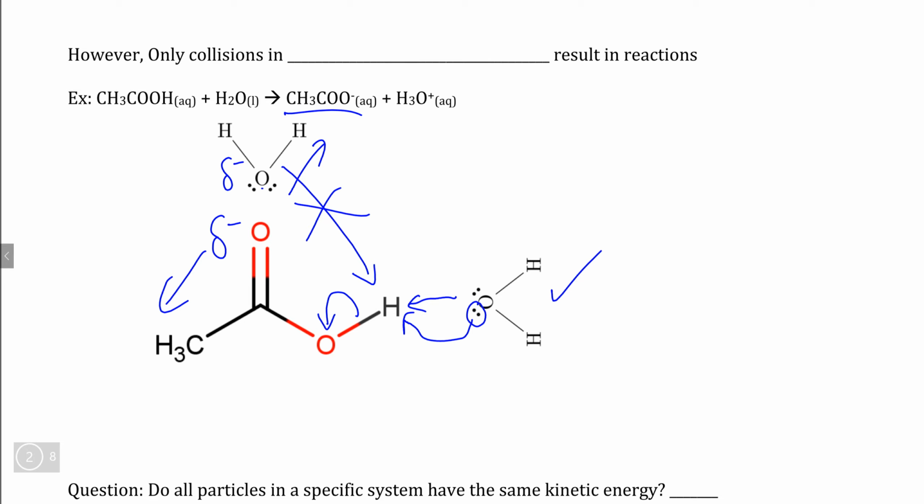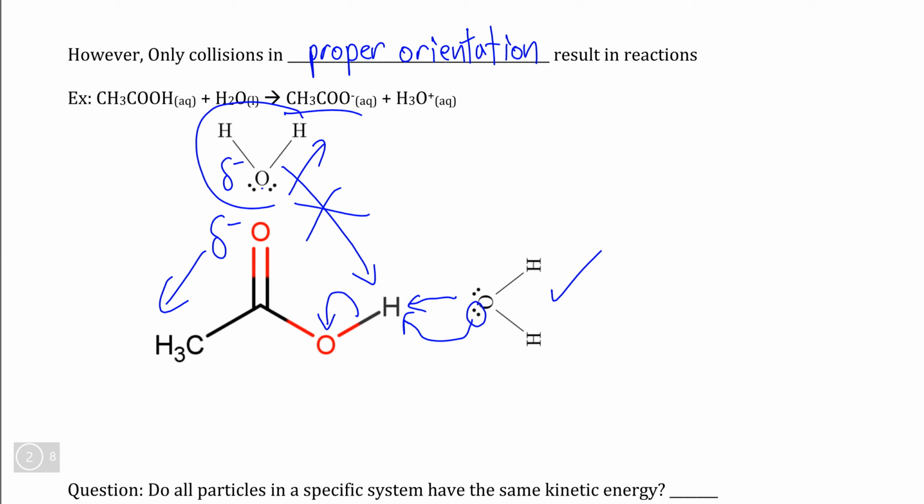The conclusion we can reach about this relatively simple reaction is that only collisions made in the proper orientation, where the different reactants are pointed in the right way to actually undergo a reaction using the proper mechanism, will result in reactions.